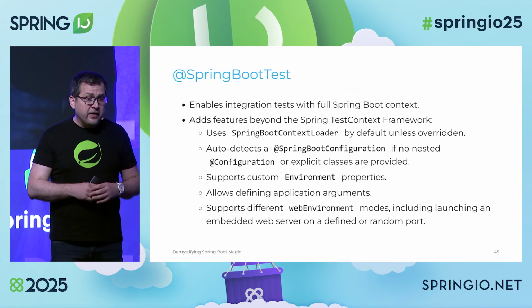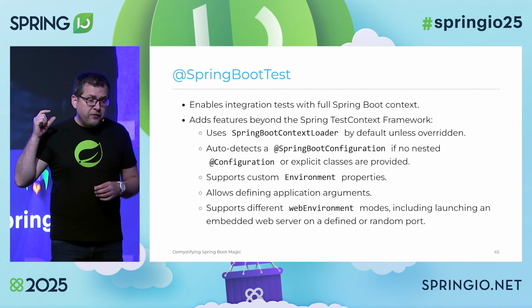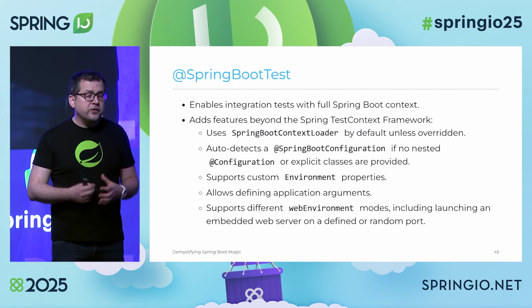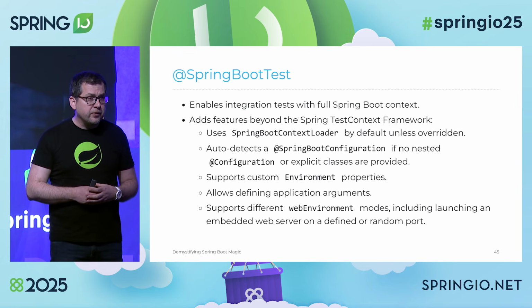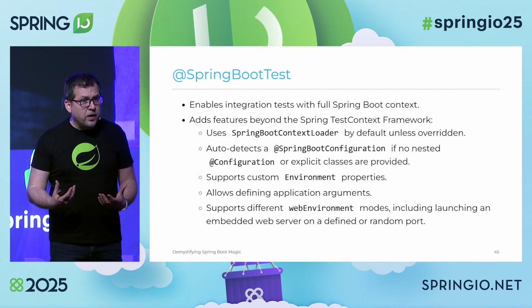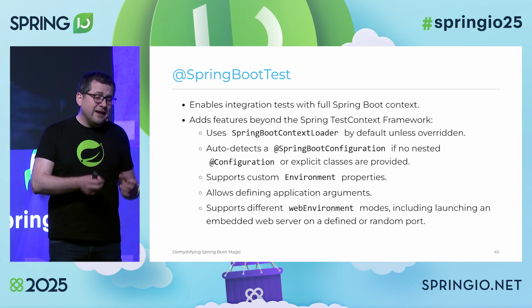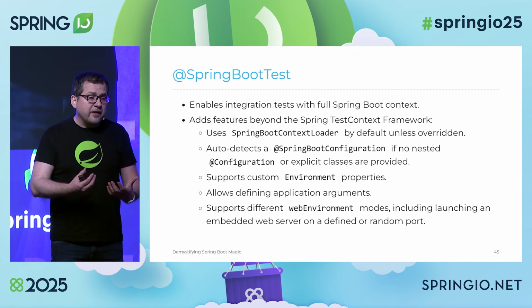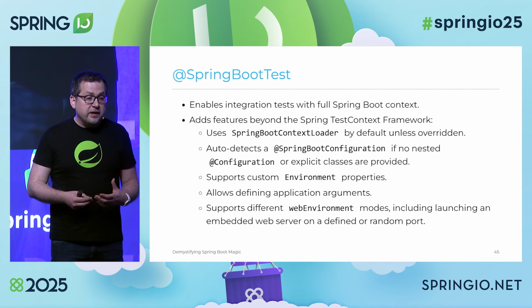But I'm saying here, the magic behind it, if you follow the structure of the packages, it will find the class which is annotated with Spring Boot configuration, and you should only have one of those. And this is basically the Spring Boot application class, which is the entry point into your Spring Boot app. So it will find that, and it will start it actually automatically. And you don't need to specify actually where it is.